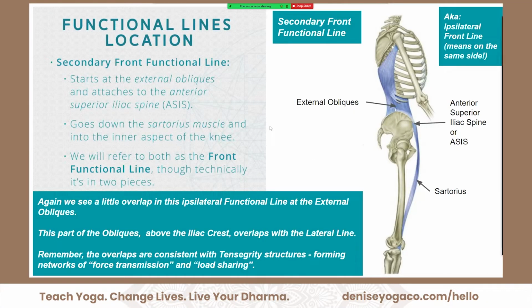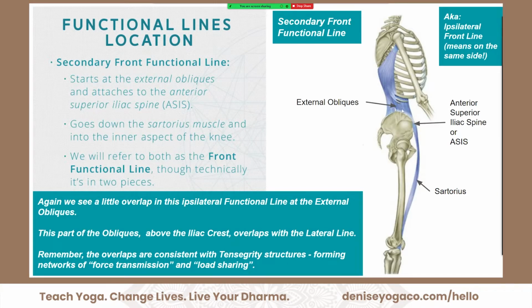Okay, now we'll look at the secondary one. Now, again, it's the secondary front line, and we've got these external obliques, which you could put your thumbs in there right now, after the ribs, above the iliac crest here. Put your fingers in there. Those are your external obliques, and that's part of the secondary functional front line.